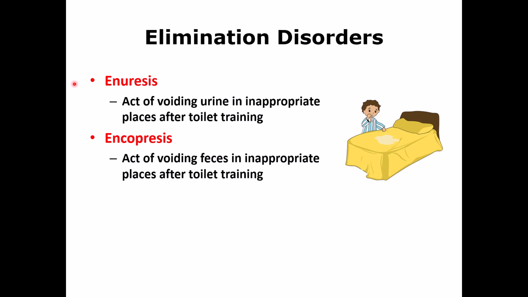So if the child has gone through a serious event that affected her emotions, they may have enuresis for a short period of time. For example, parents' divorce, serious sickness, or some other major events. They get enuresis and that will go away. So it's not a very serious problem.